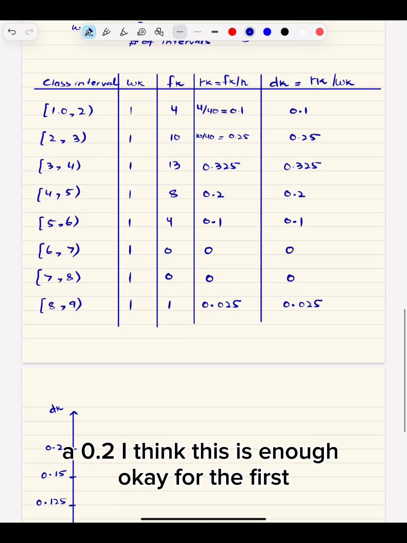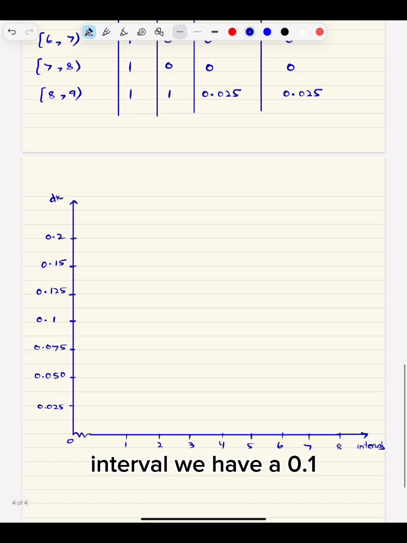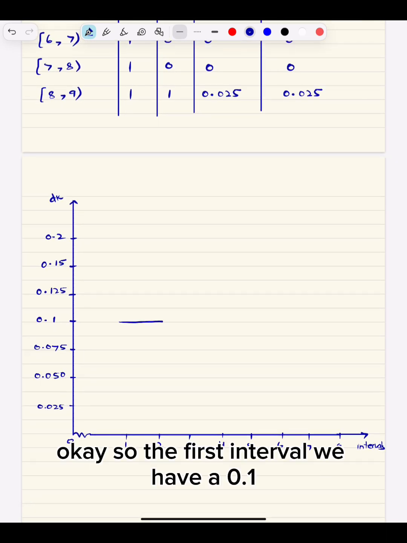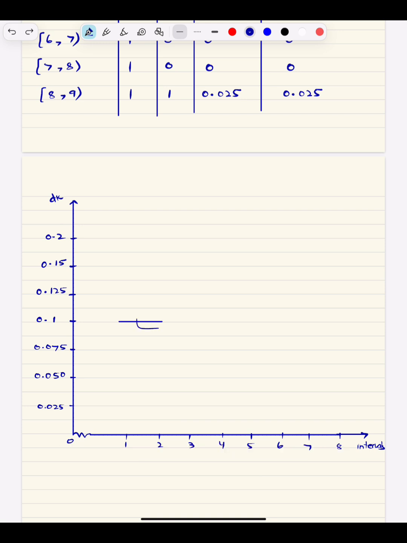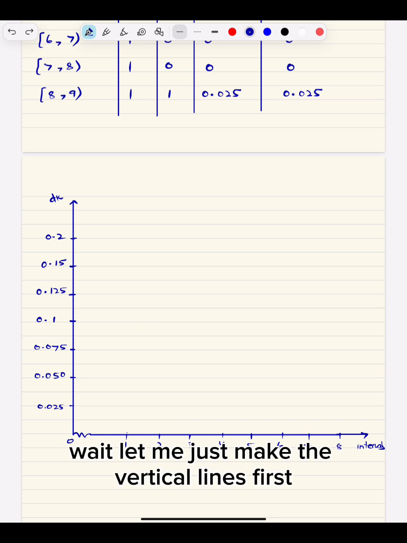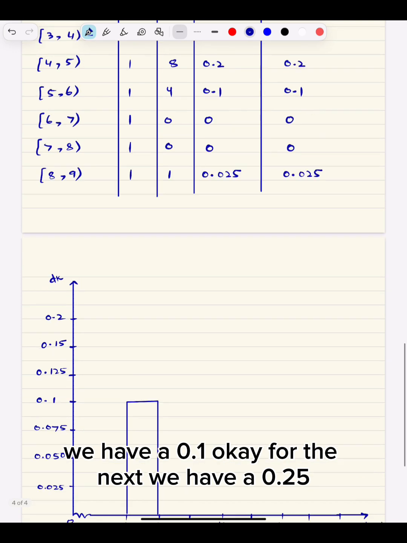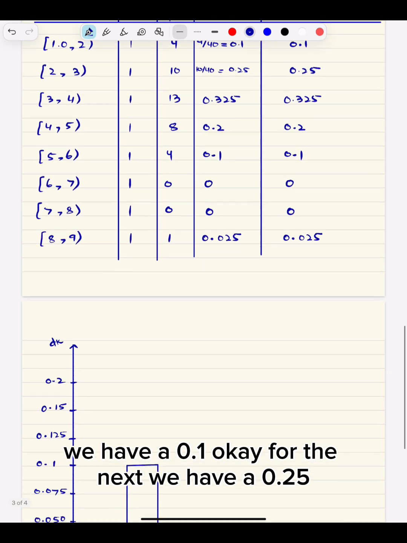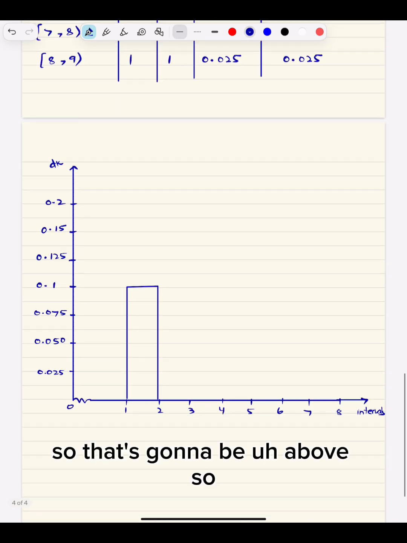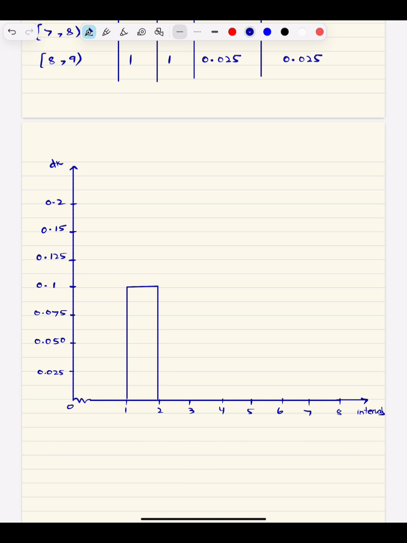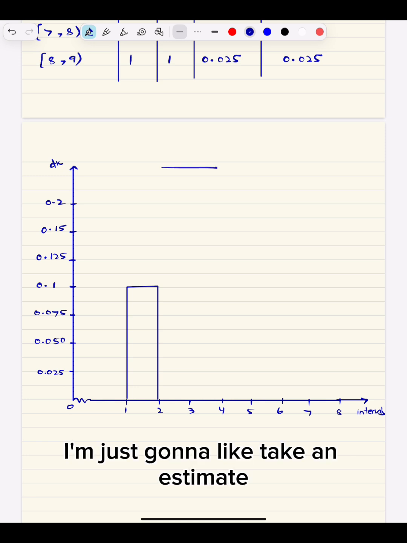Okay, for the first interval we have a 0.1. Wait, let me just make the vertical lines first. We have a 0.1. Okay, for the next we have a 0.25. Oh, that's going to be above. So I'm just going to take an estimate.